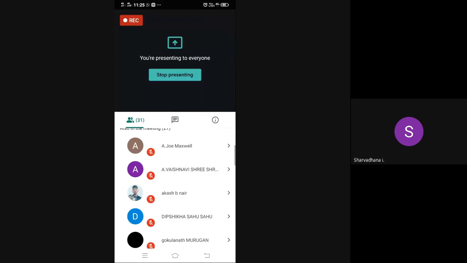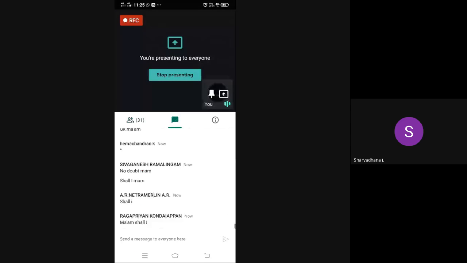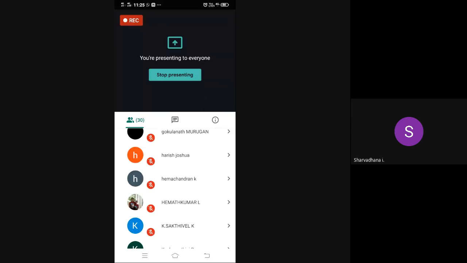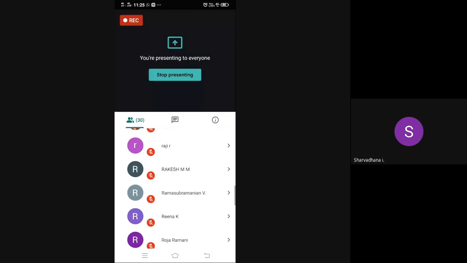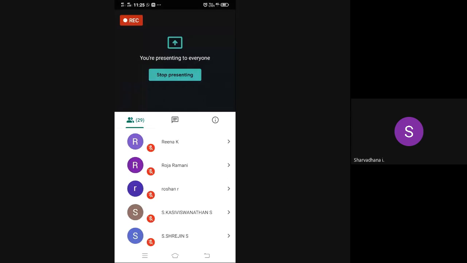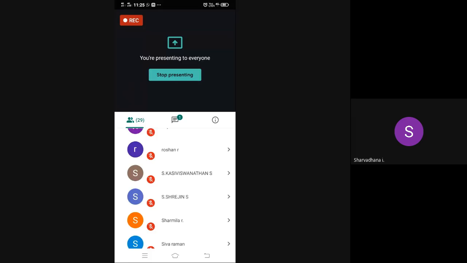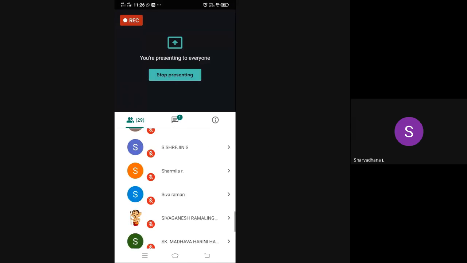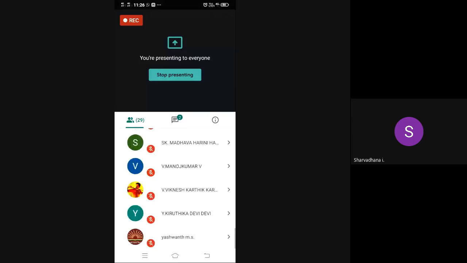I need either Joe Maxwell or Akash or Deepshika Sahu or Gokul Nath, Hemachandran, Shaktivel, Keshavardhini, Vishal, Roshan, Kashi Vishwanathan, Vignesh Karthik, Yashwant, Kritika Devi.